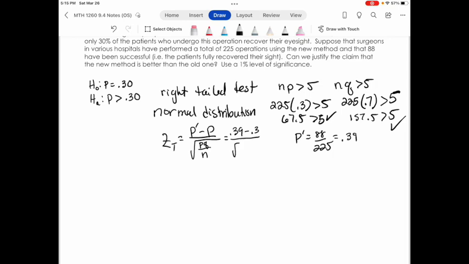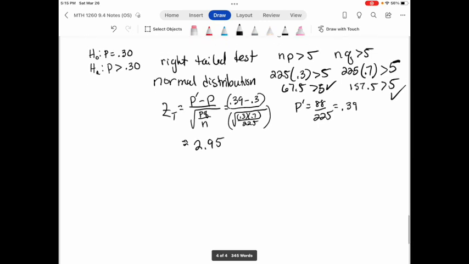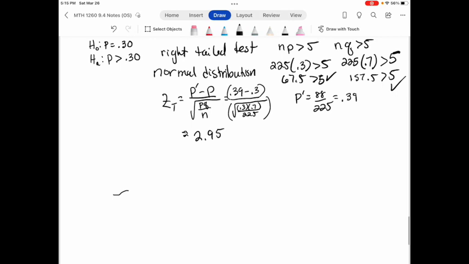That's going to give me a proportion of 0.39. So I'm going to take 0.39 minus my 0.3, divide it by the square root of 0.3 times 0.7 all over 225, and I square root that whole thing. That's a big mess, so be careful when you put that in on your calculator. Put parentheses in the appropriate places to make sure that you get everything right. Now, when you put that in on your calculator, you should get 2.95, and that's an approximation. So that's our test statistic.